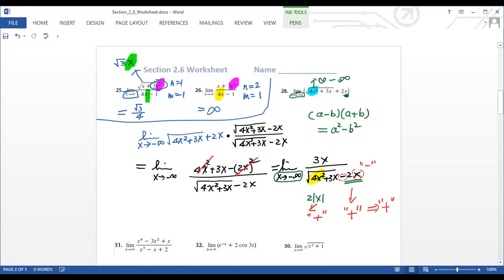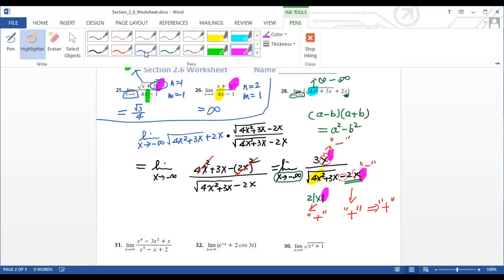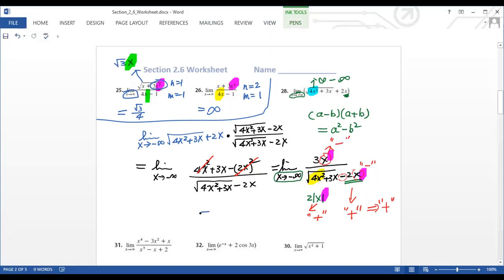And the top is infinity also, but this number is going to approach what? The negative number. But look here, they all have the first powers, right? The exponents here are 1, 1, 1. So I know it's just the coefficient in front of it. So what is my answer here?